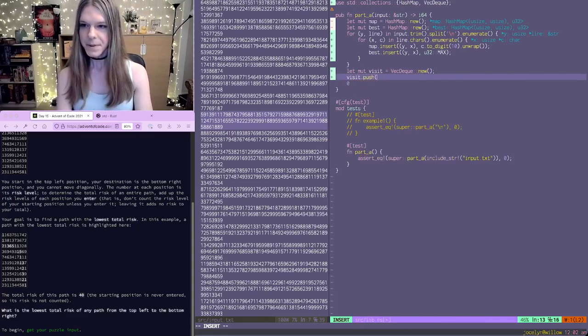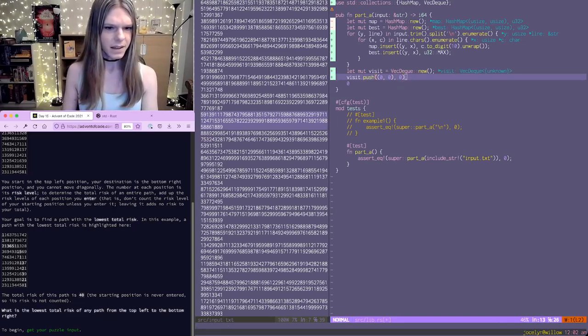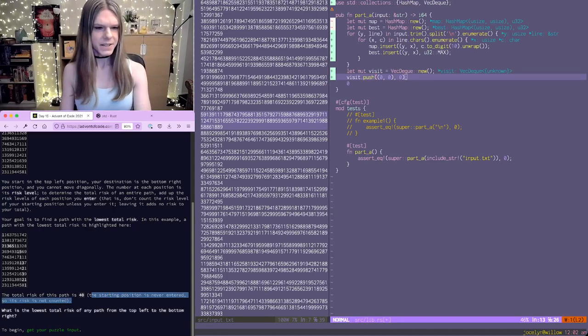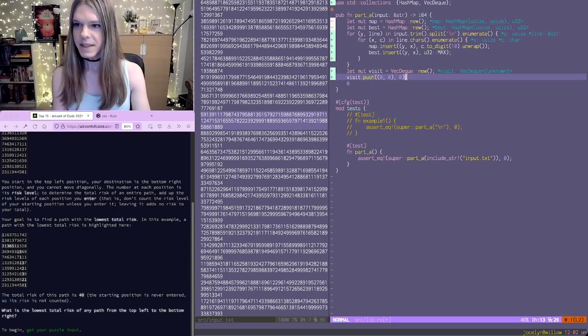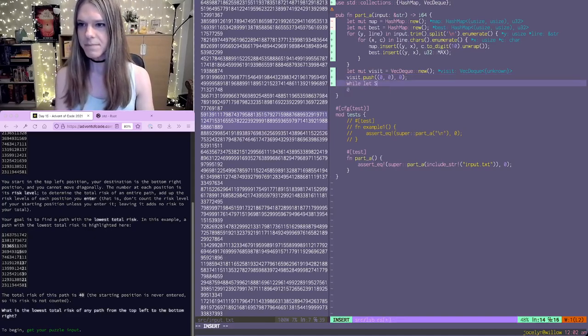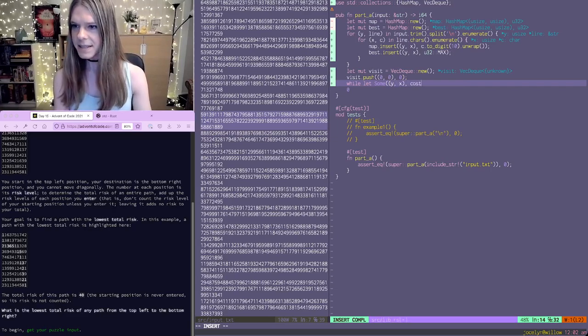First of all, we're going to visit 0, 0, and the cost to get there is just 0. The starting point is never entered, so its risk is not counted.